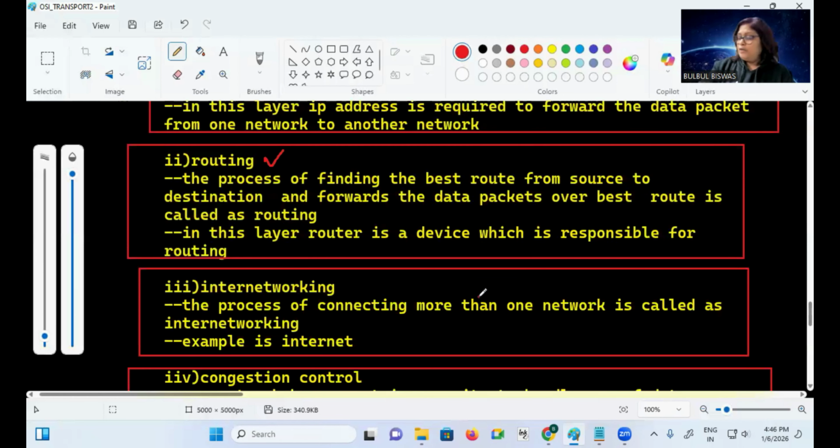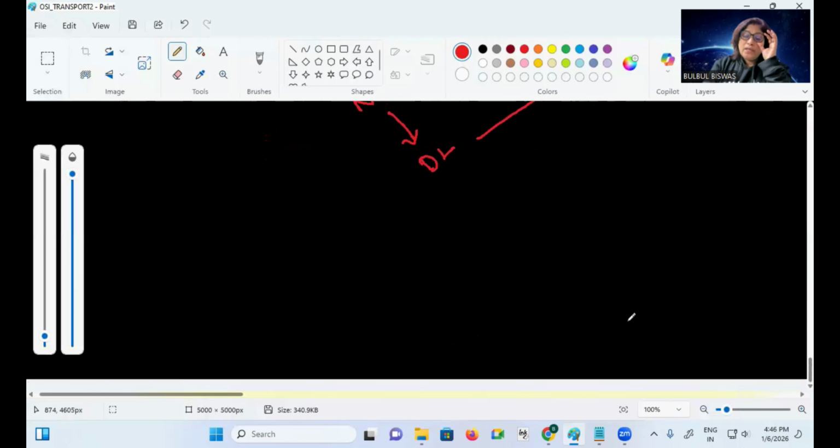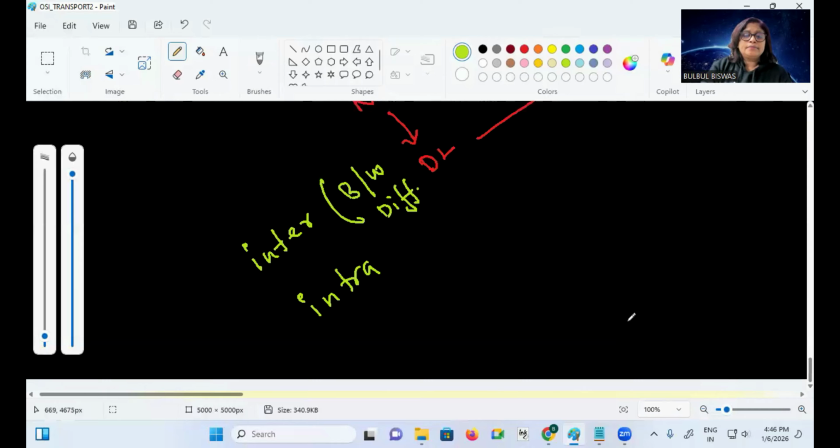Now, internetworking. What is internetwork? In this networking industry, two words are very important, my dear. One is inter, another is intra. Inter means between different, and intra means within one.